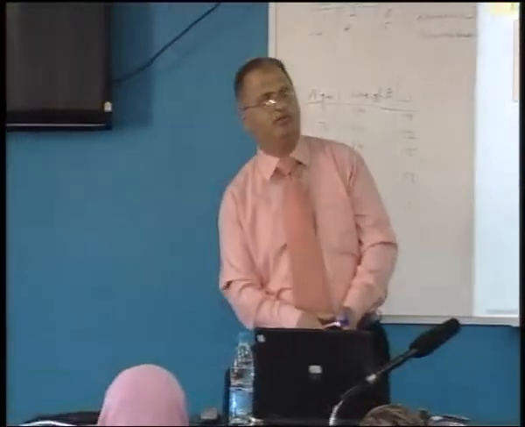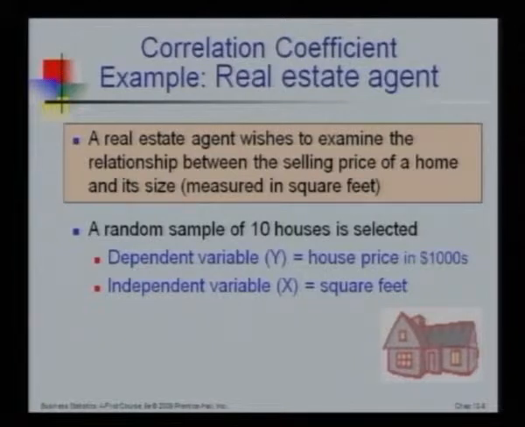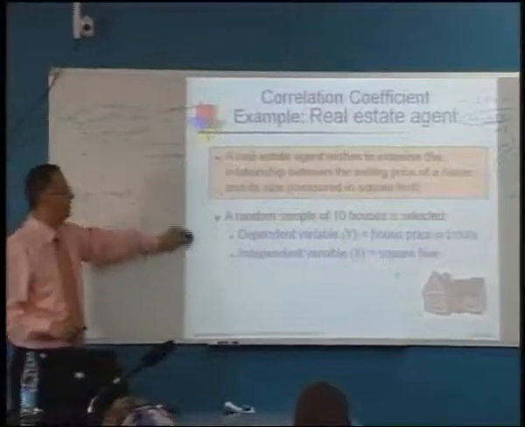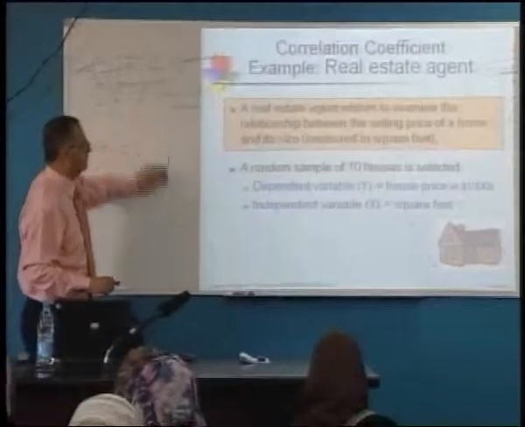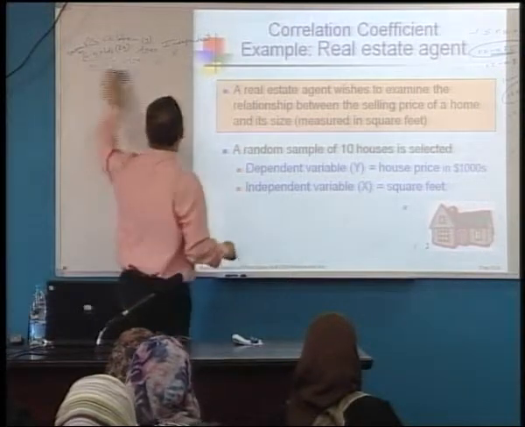Here I will give a simple example in order to determine the correlation coefficient. A real estate agent wishes to examine the relationship between selling price of a home and its size measured in square feet. So in this case, there are two variables of interest.